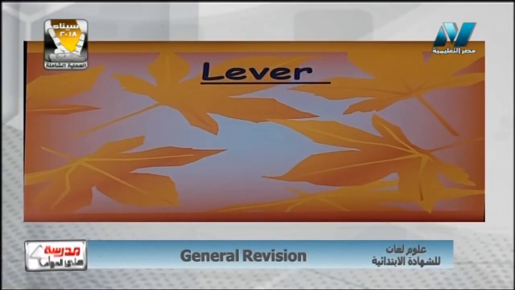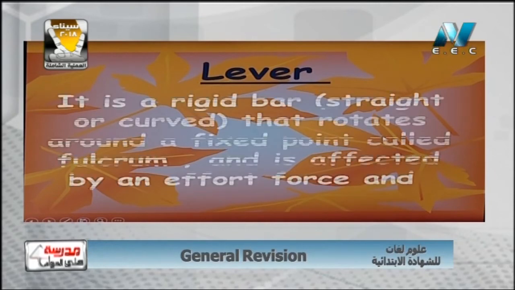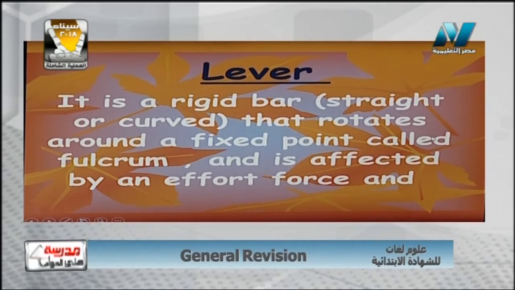Okay, what is meant by? Let's start with the first question in front of us here: lever. We remember lever generally, not first, second, or third class lever. It is a rigid bar, straight or curved, that rotates around a fixed point called fulcrum.